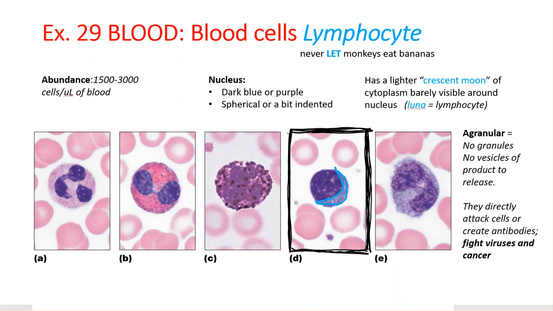That's my memory trick for a lymphocyte: it has this little crescent moon of cytoplasm, and so I think Luna lymphocyte. They are agranular, so no vesicles, and their main job is to fight viruses and cancer. They're kind of a general immune responder.